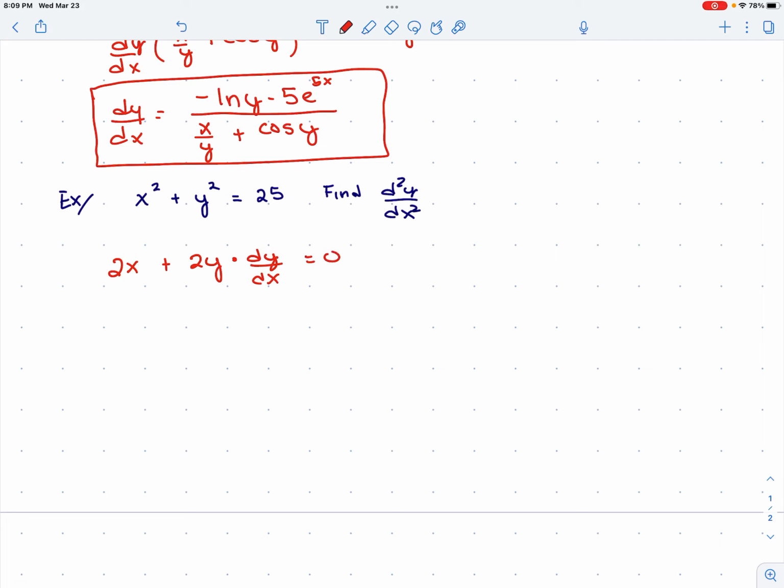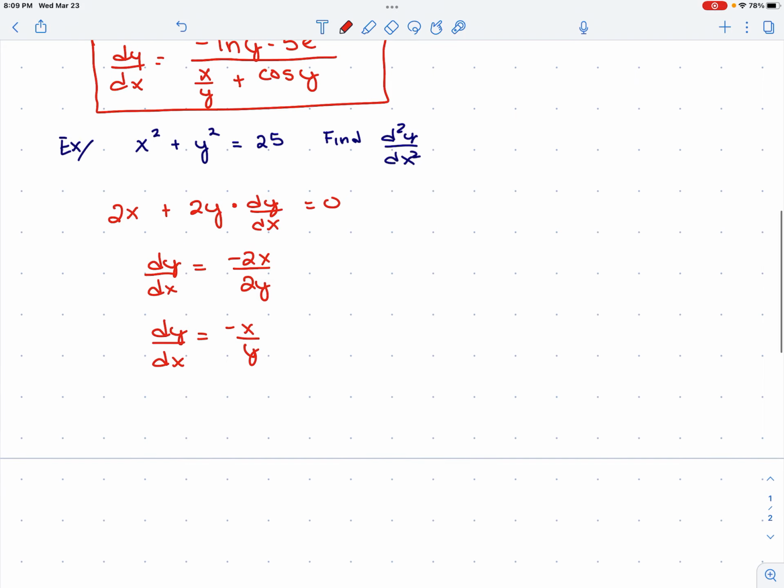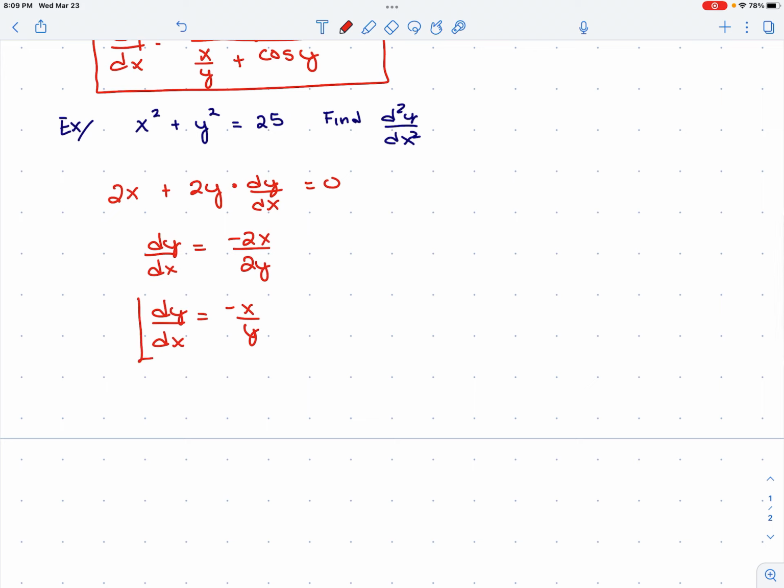And then equals 0. And then for dy/dx, we bring the 2x over, divide by 2y, and then this cleans up. And you really want to clean it up if you're going to find the second derivative. Okay, so this is the first derivative.